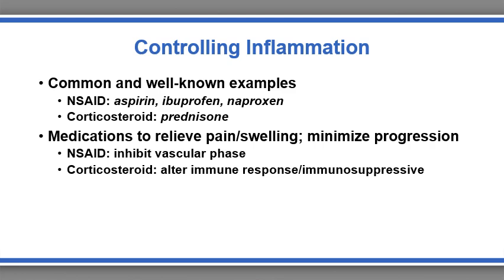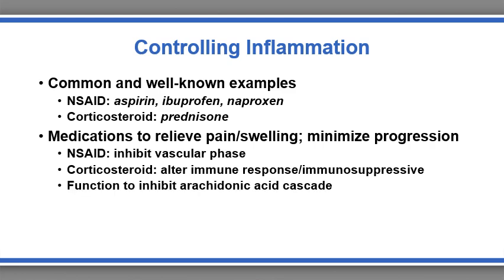So anytime you're using any type of anti-inflammatory agent, the thing you have to remember is they don't address what caused the disease or the injury. They just address the inflammatory process. So that's an important part to remember. And both of these will work, and we'll talk about the different mechanisms by which they alter the inflammatory process.